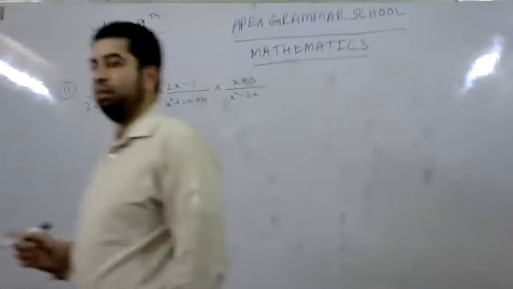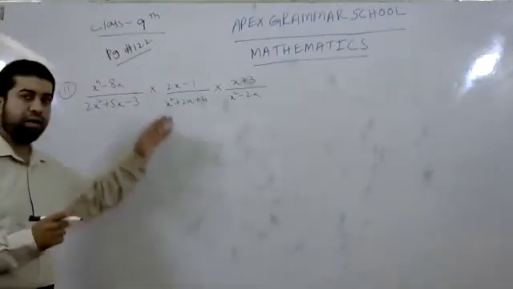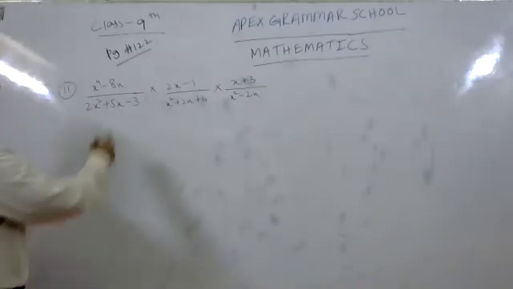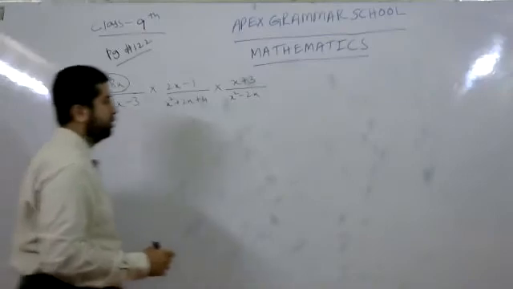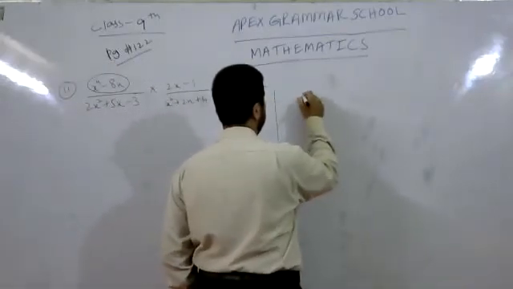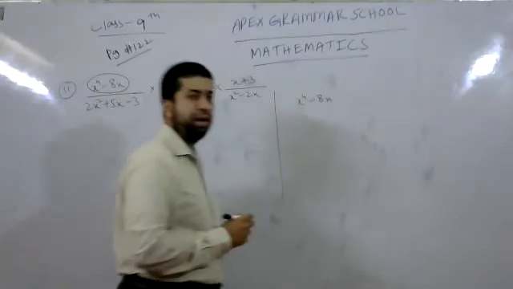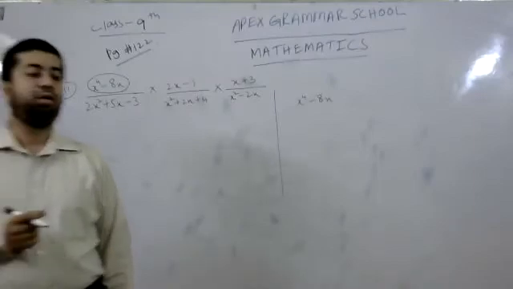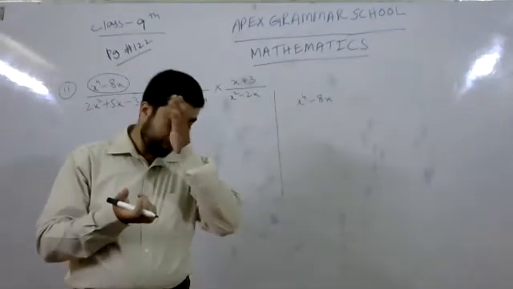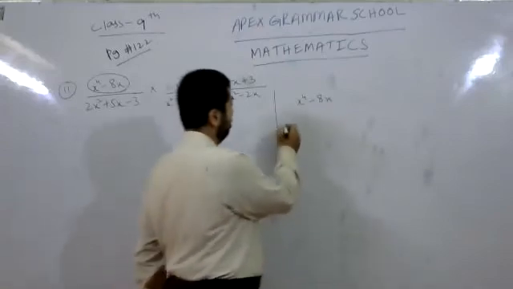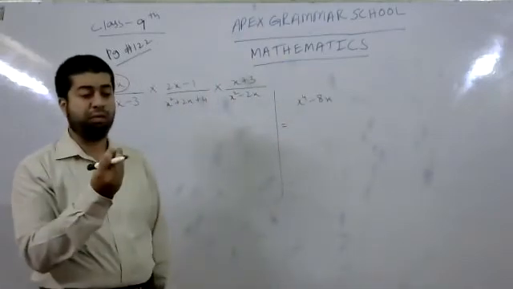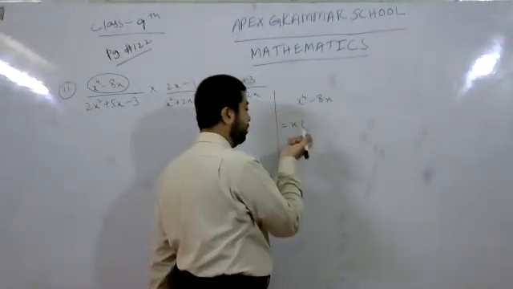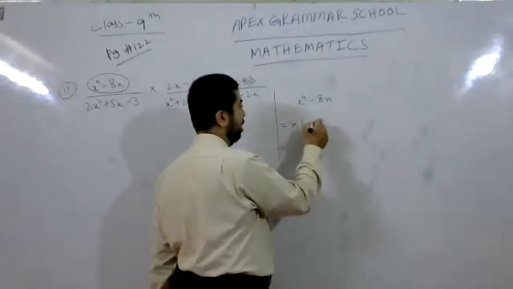Now there are three fractions present in it, and between them there are multiple signs here and here. So first is x raised power 4 minus 8x. What you need to do is, what is common here? You can see that x is common. So for a variable common, you need to take the common with the lowest power, that is x raised power 1. So after taking x common, 1x is outside, so x cube minus 8.